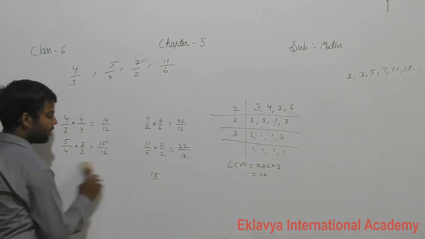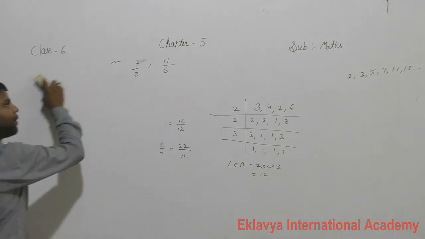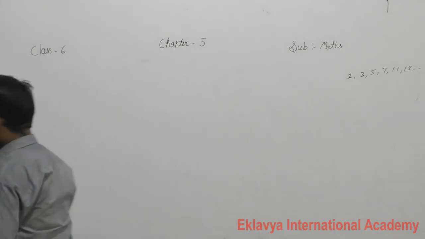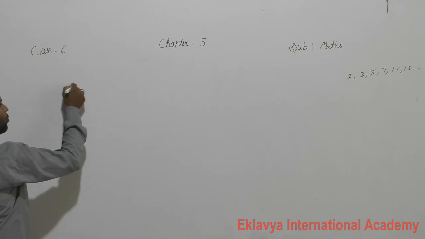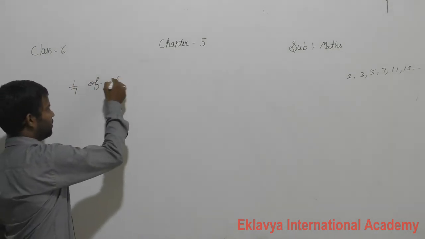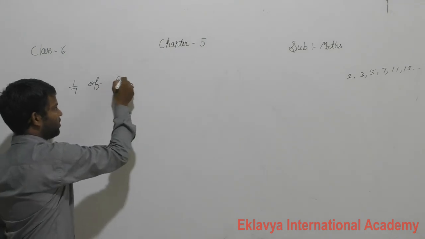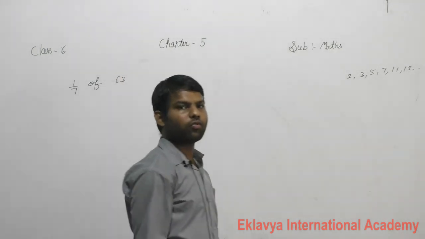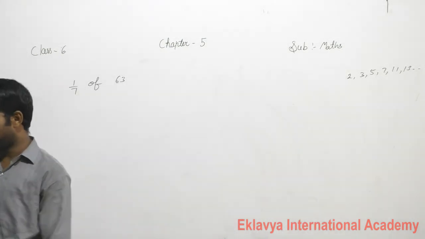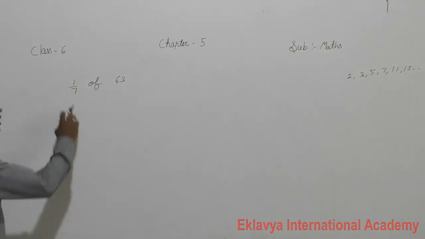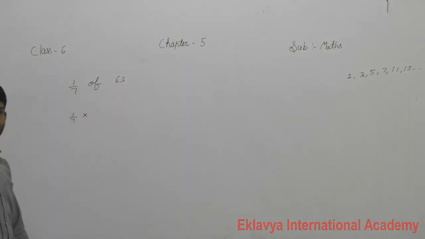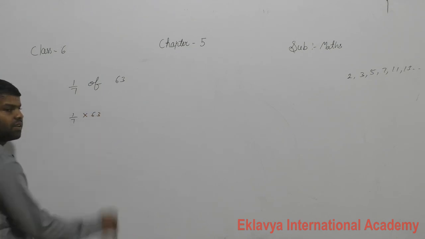Okay. Now if we want to find some part of a quantity, like 1 upon 7 of 63, then 1 upon 7 of will be converted into multiplication, then we write 63.